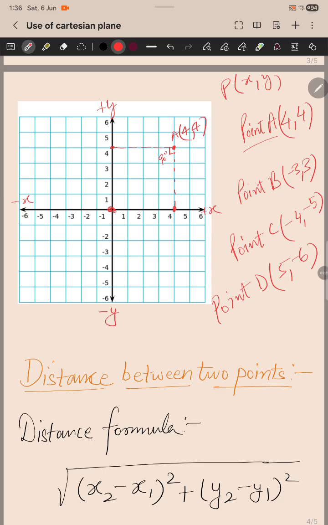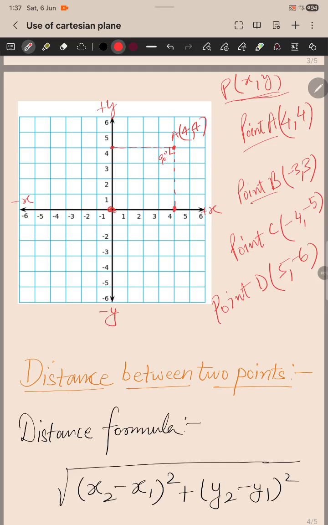Now point B, (-3, 3). Always remember you have to see the sign of the coordinates. For your remembering, I will tell you to always remember that a point is defined by x comma y. So the first value is x, the second value is y. Okay, so what is the value of x? Not 3, it is -3. Always remember the sign. We generally make mistakes in a hurry, but you should not. -3.